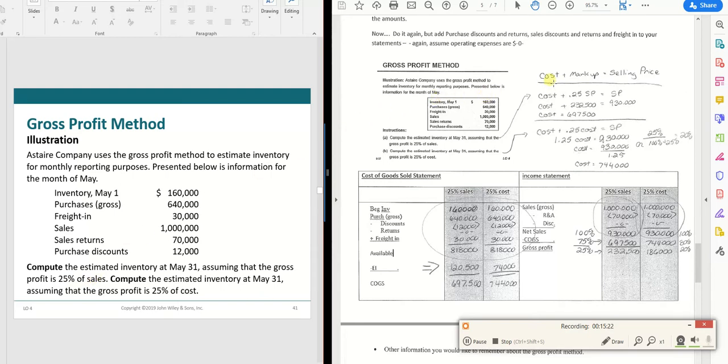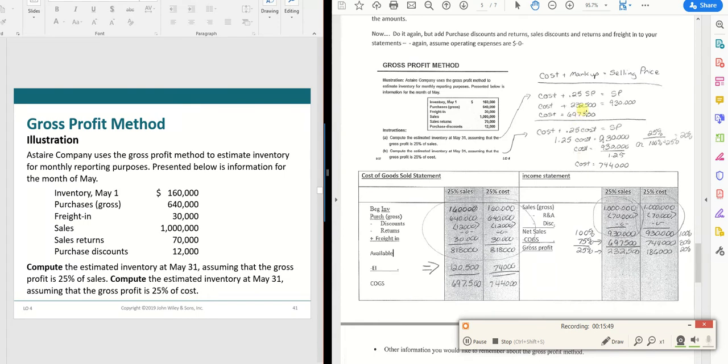I have my cost plus my markup, which is 25% of sales, so 25% of the selling price equals my selling price. This one is what happens if gross profit is 25% of cost. In this case, I have cost plus 25% of cost equals selling price. Okay? So let's just throw the numbers of this particular thing in there and see what they give us.